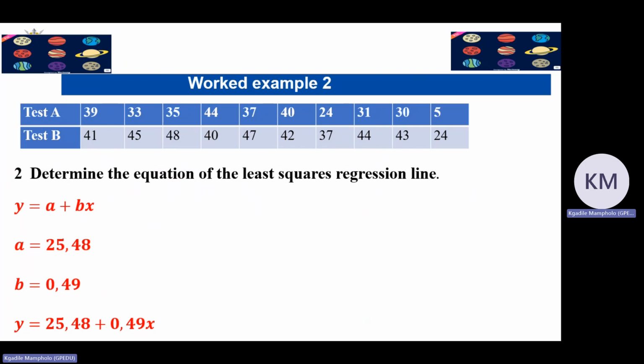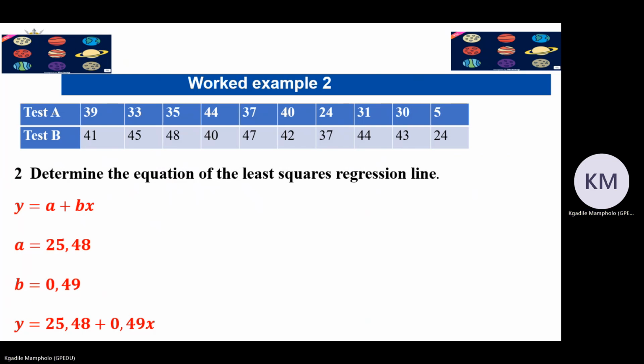On the left column you put test A, and on the other column you put the marks of test B. Then after that, you press AC. By pressing AC, it means you're saving the data.